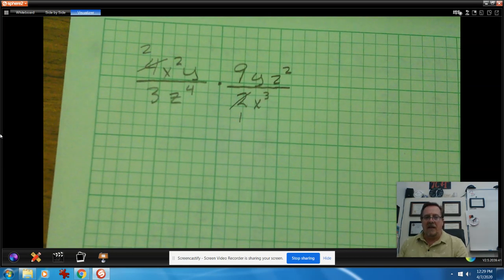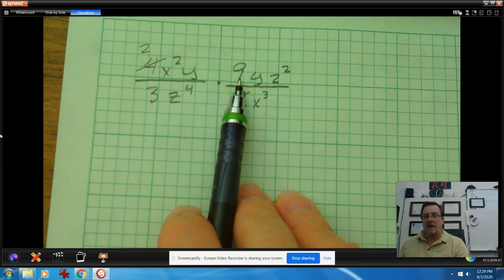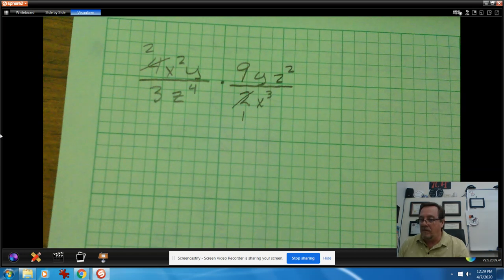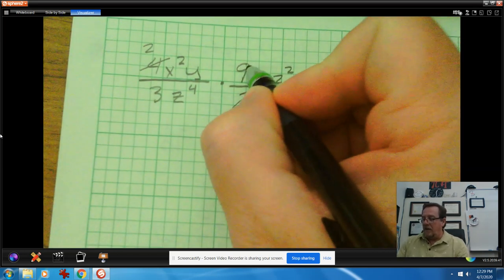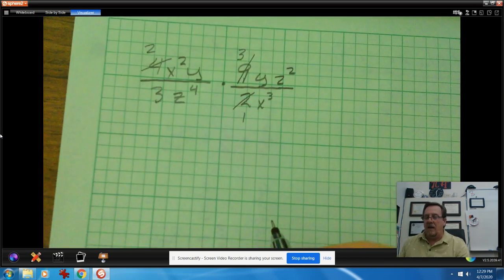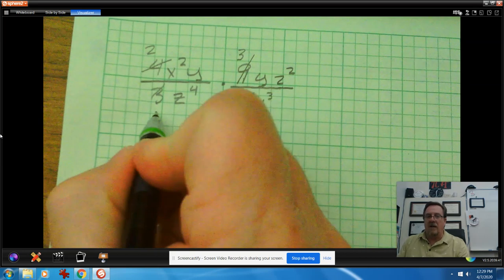So I can cancel out a 2 from those. And then notice there's a 9 on the top here and a 3 on the bottom here. So they have a common factor of 3. Okay. So if I took 9 and divided by 3, I'd get 3. And if I took 3 and divided by 3, I'd get 1.